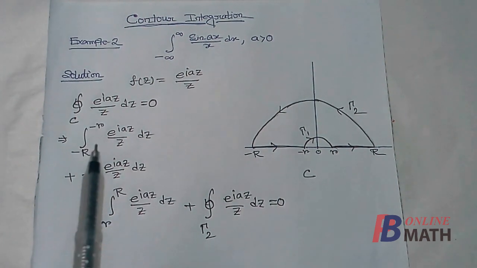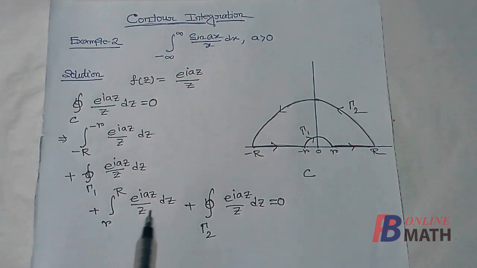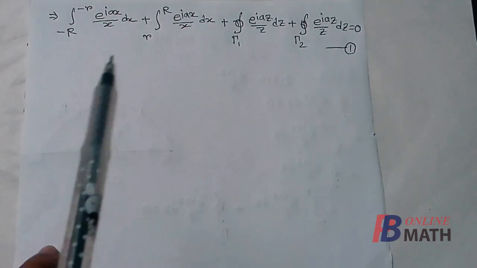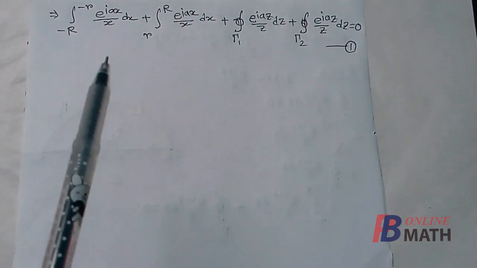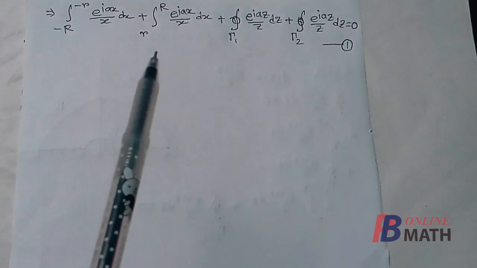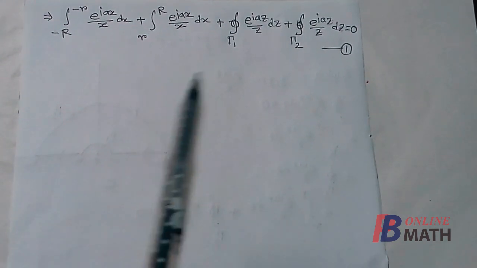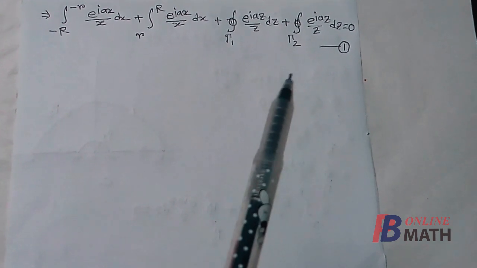For the first integral and this third integral we may replace z by x. So here it is, we have replaced z by x in these two integrals along the real axis. We call this equation number 1.